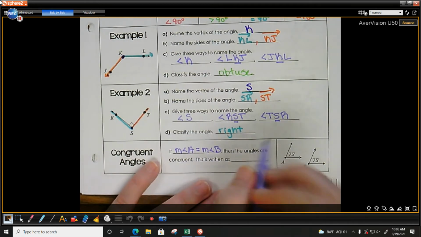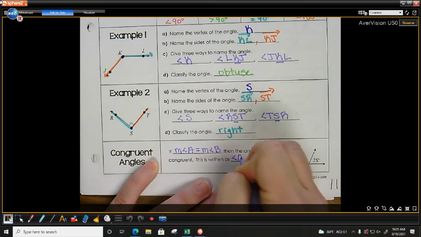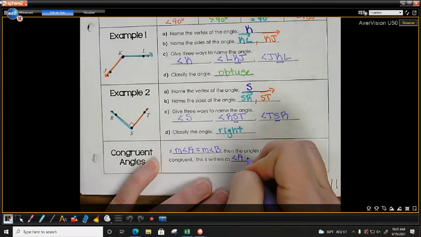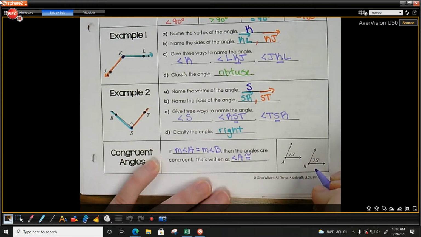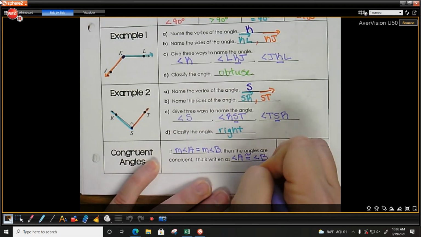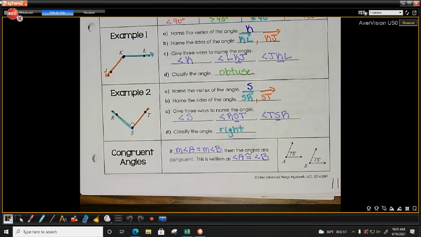No, I just put angle A, then what? Congruent symbol, so your equals with the squiggle, and then angle B. Angle A is congruent to angle B, and the measure of the angles are equal to each other. Okay, the measure of the angles are equal, the angles are congruent. Good?